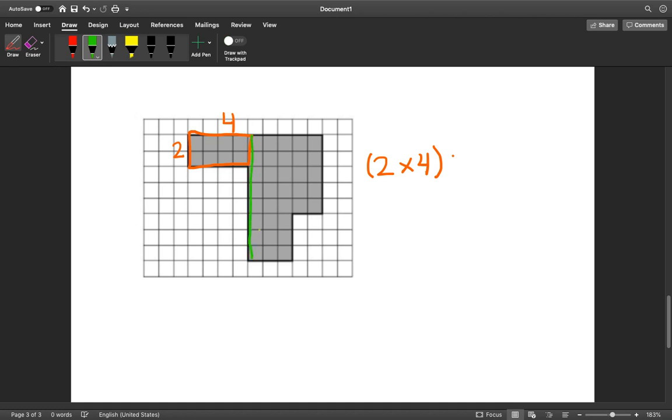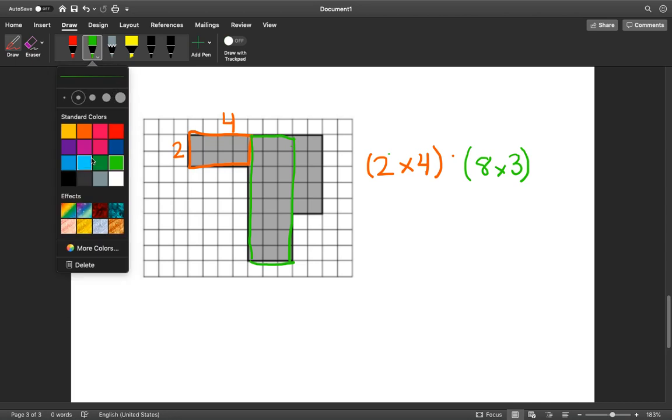And there's more than one way I could do this. But I'm choosing to do it this way. And I have 1, 2, 3, 4, 5, 6, 7, 8 going down the side. So 8 times 1, 2, 3 going across the top. So 8 times 3 will give me the area of the second rectangle.